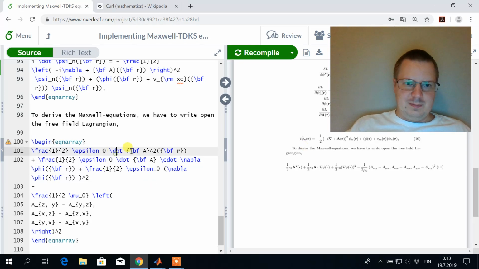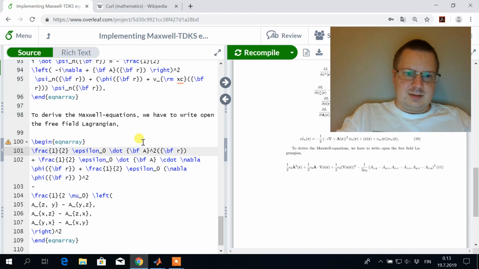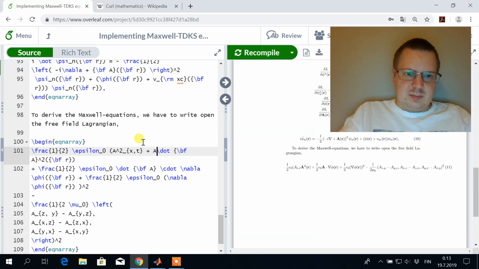And maybe to be consistent, I can also do it like so. So this is actually A x comma t squared plus A y comma t squared plus A z comma t squared.